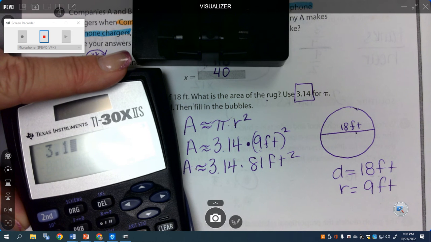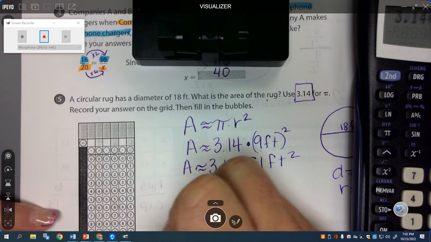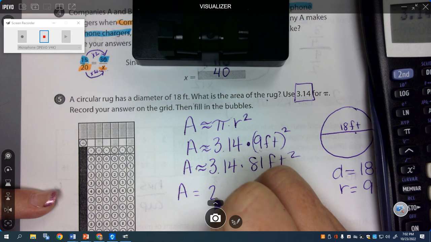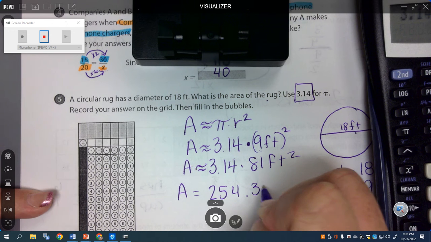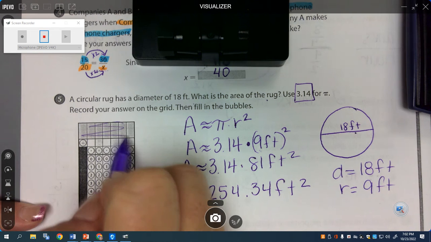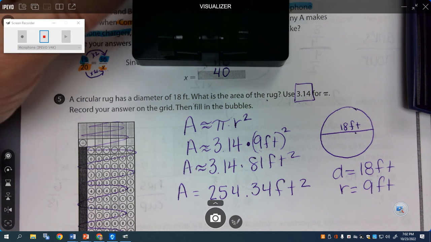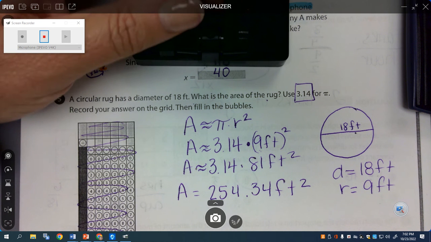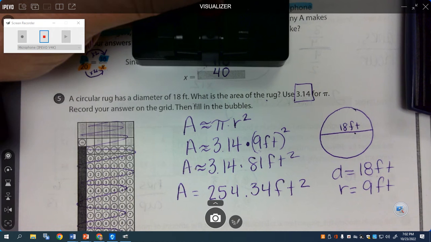So 3.14 times 81 comes out to be 254.34, and since it's area, it's feet squared. You don't have to fill this in. Again, at any time if you need to pause, feel free.